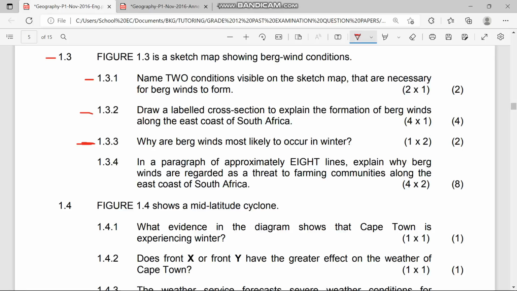That's the very first one. The other one, you can say a strong pressure gradient exists between inland and coastal regions.